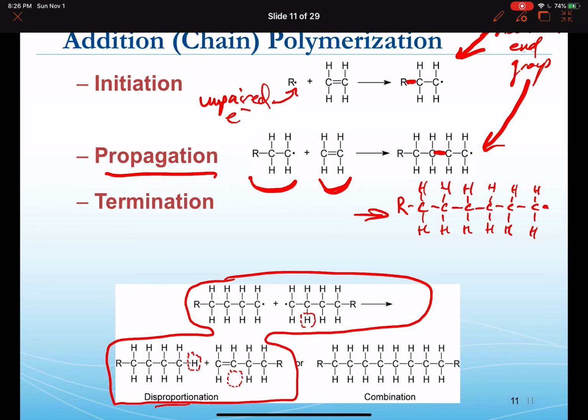And so disproportionation reaction doesn't change the molecular weight, but it does remove the reactivity from the molecule. So regardless of the disproportionation or the combination termination reactions, neither of them have the radical end groups needed to propagate. So at this point, the chains are termed dead, and termination is the result.